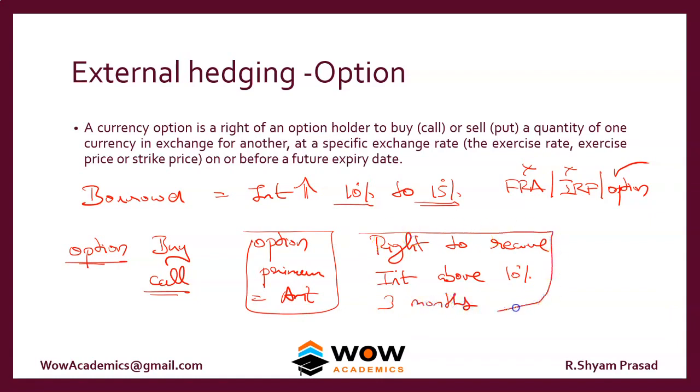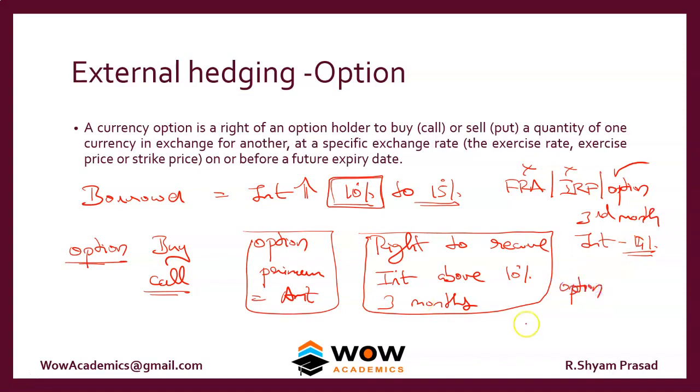So on the third month, the interest rate has come to 14%. If you're going to borrow now, you have to pay an effective interest of 14%. But as you have taken options, you have to pay 14%, but from the option you will get how much?